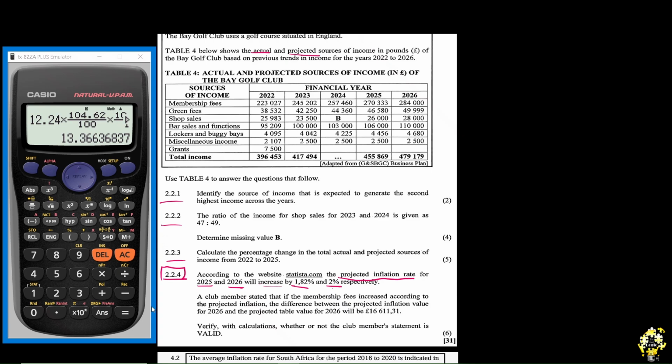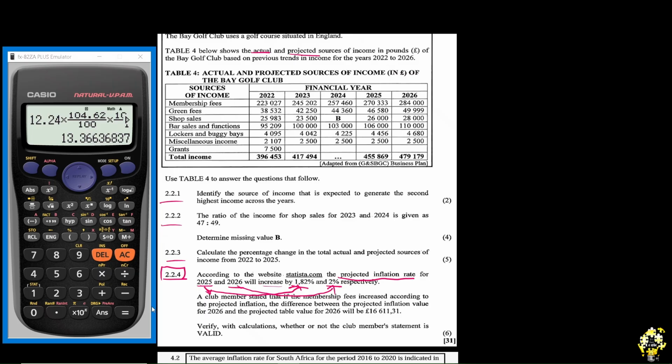They said for 2025, so since they started with 2025, what goes with 2025 is the percentage they started with, which is 1.82. And what goes with 2026 is what comes after, which is 2%. So these are the inflation percentages, respectively.